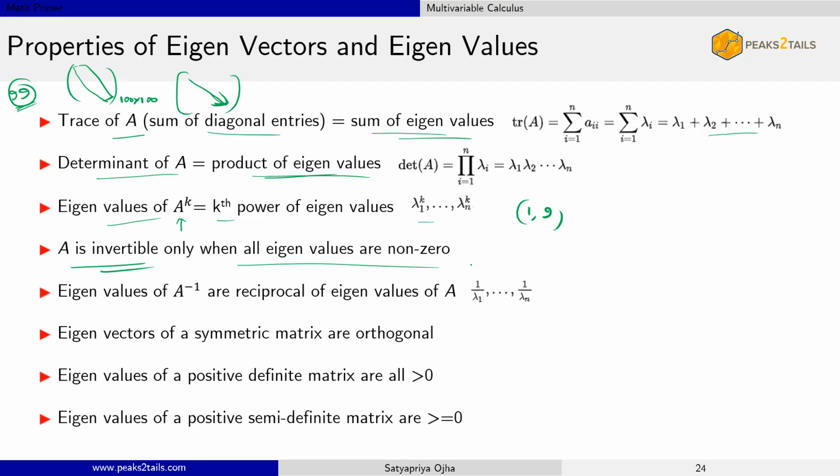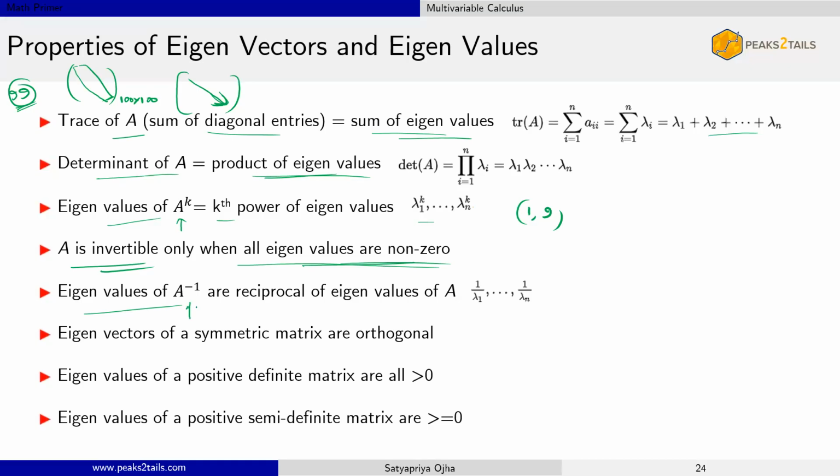Remember the invertibility condition: the inverse exists if the determinant is non-zero. And for the determinant to be non-zero, you need all eigenvalues to be non-zero. If one of them is 0, then the determinant is 0 and the matrix is not invertible.